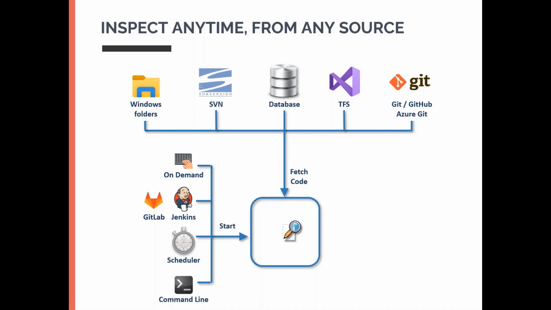For the database code, it's pretty much the same, plus the database itself, depending on your development organization and methods. Some teams would prefer to write code and store it in files. Others would directly store it in the database. In both cases, we will fetch the code wherever it is. We will run the code analysis, inspect the code, generate the results, and save them in the repository.